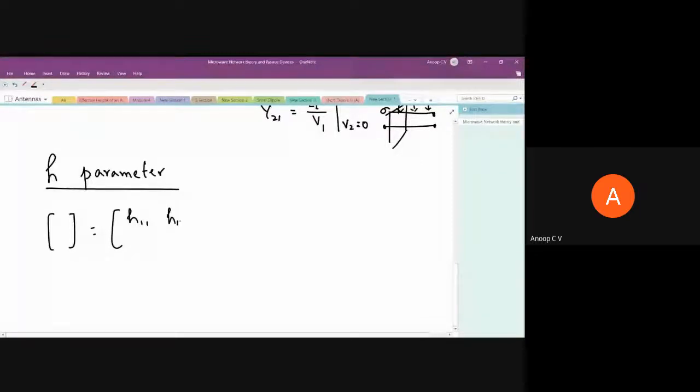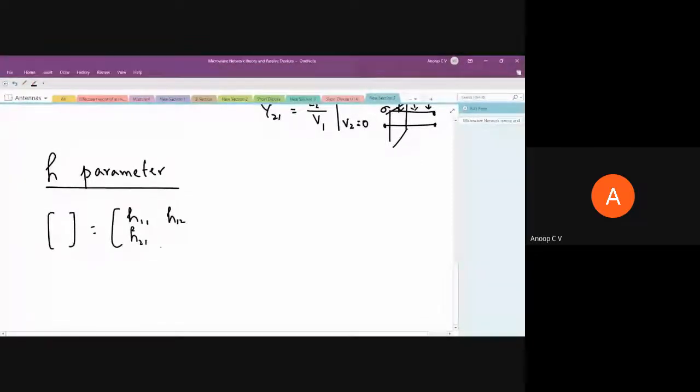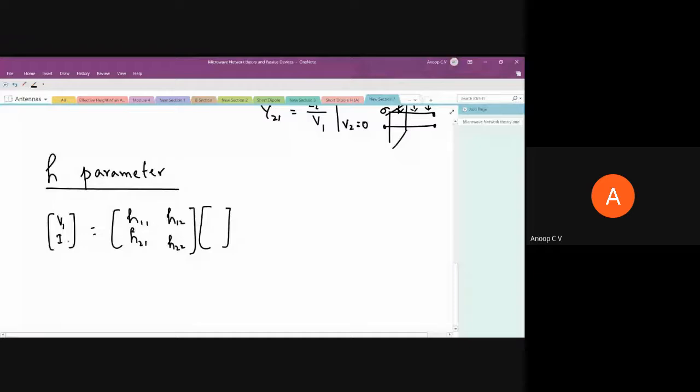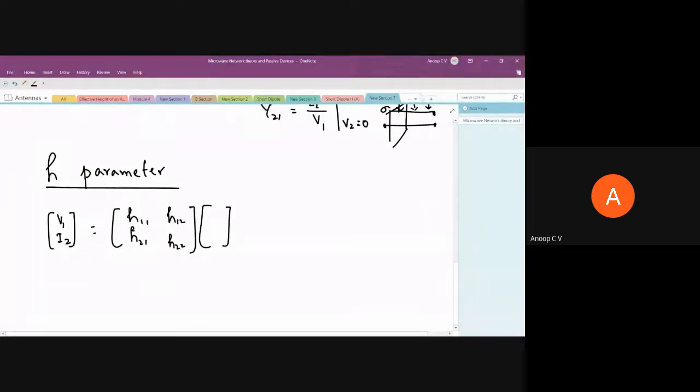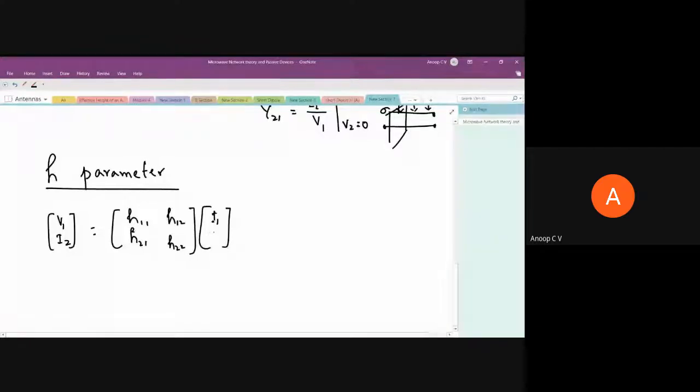H11, H12, H21, H22. It's hybrid parameter, right? These vacant spaces I should fill with voltages and currents. As it is hybrid, it will be V1 and I2, and I1 and V2.